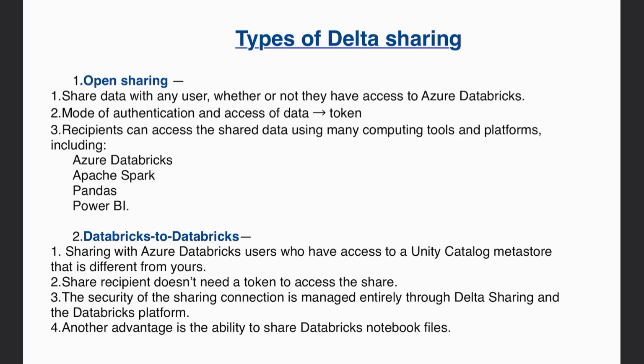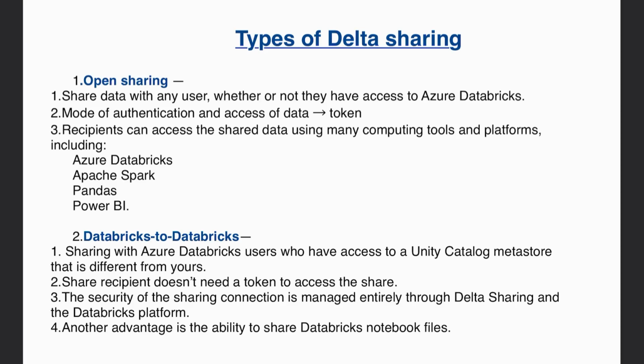For that, you need to have a method of authentication for how you can access the data. So a data provider can go ahead and generate a token and share that token with the recipient. And the recipient has to authenticate that token in order to read the tables that are present in the catalog.